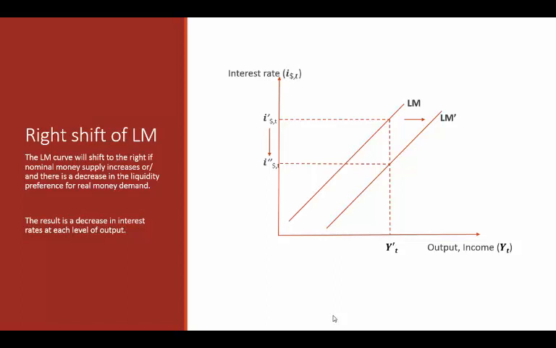The LM curve will shift to the right if the level of money supply is increased or if there is a decrease in the liquidity preference for real money demand. As depicted here, the LM shifts to the right to LM prime, showing that at the same output level, interest rates fall from I prime to I double prime.